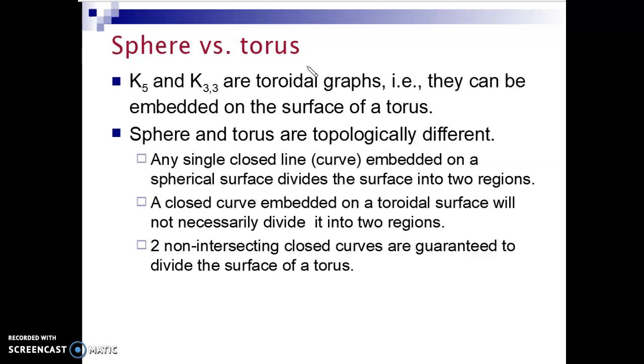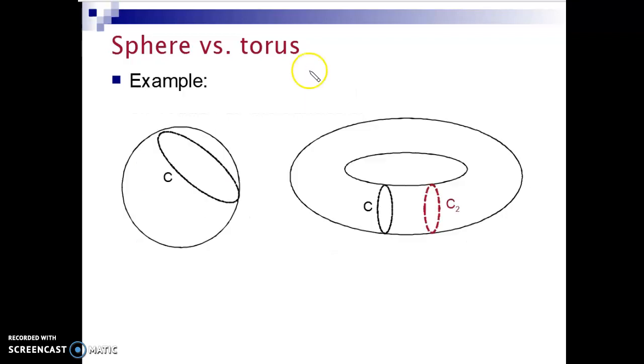Why is there this difference? Any single closed line, that is a curve, embedded on a spherical surface divides the surface into two regions. A closed curve embedded on a toroidal surface will not necessarily divide it into two regions. You can see it here. For example, think about the sphere as a three-dimensional solid.